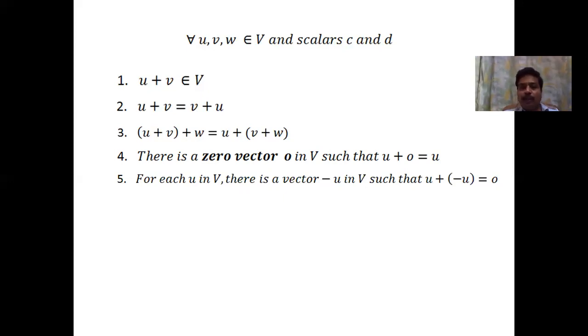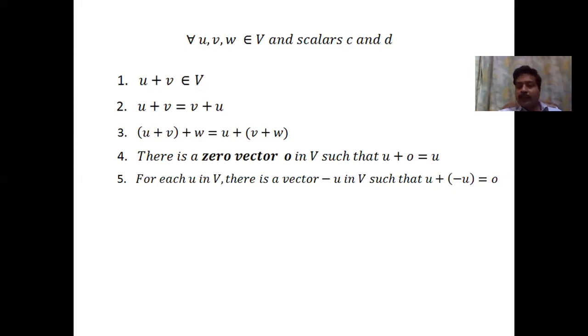It is just like the additive inverse in a group. We call it the negative of U here. Minus U is the symbol for that. Whenever you come across minus U, that means it is the negative of U, the vector which gives 0 when added to U.